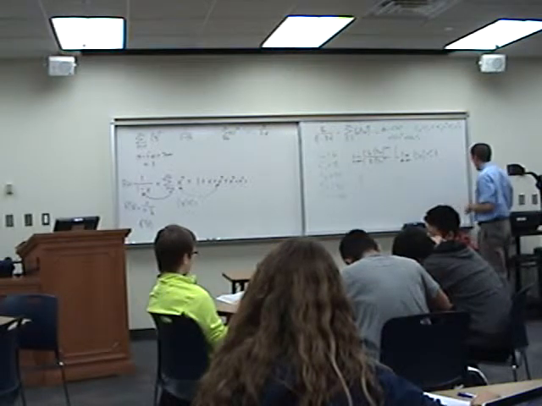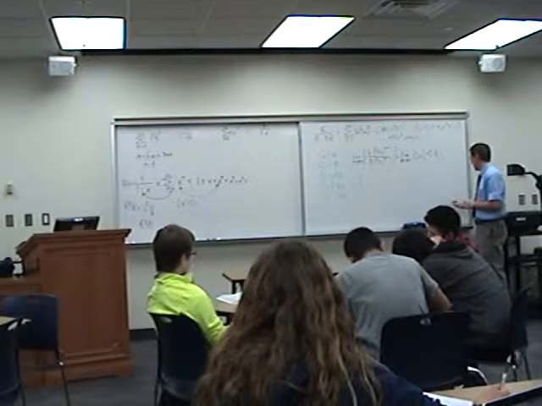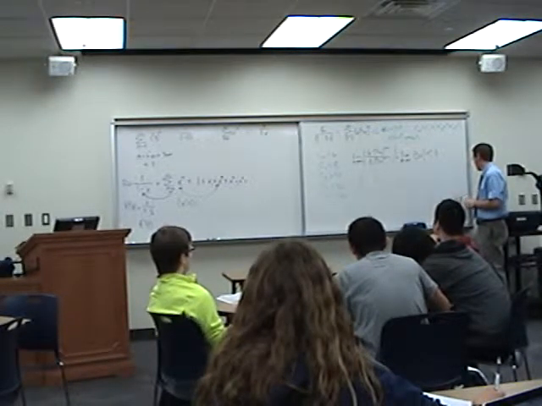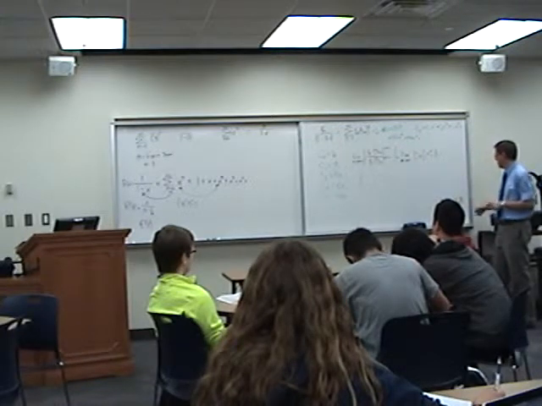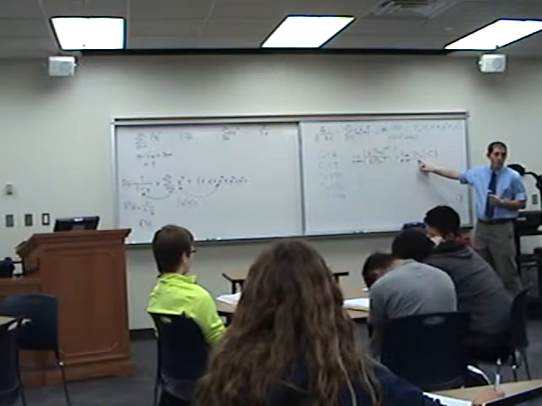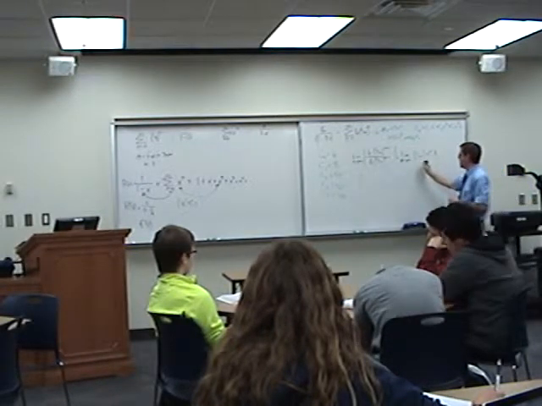Now remember, when you're looking for radius of convergence, you want it in some form like this: absolute value of x less than R. Now we don't have an x here, we have a 3x, so what could we do? Divide by 3. Divide by what? 3.